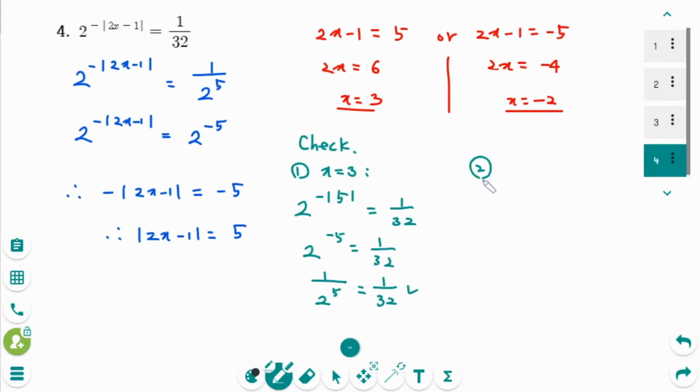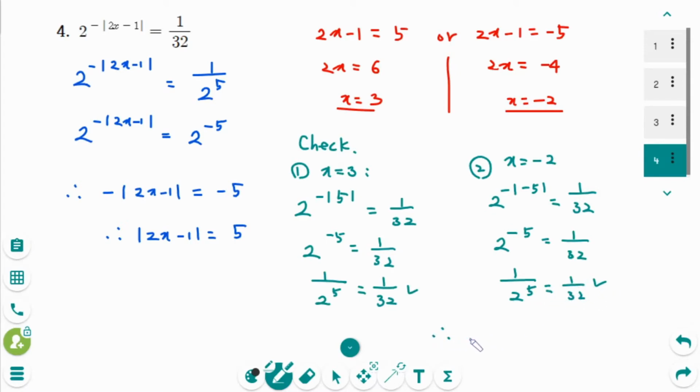And if x equals minus 2, then 2 times minus 2 minus 1 is minus 5, equals 1 over 32. 2 to the power of minus 5 equals 1 over 32. So 1 over 2 to the power of 5 equals 1 over 32. Correct. Therefore, x equals 3 and minus 2.